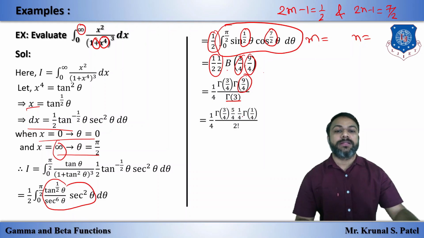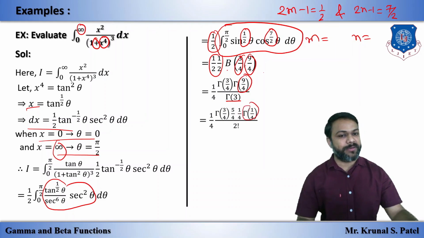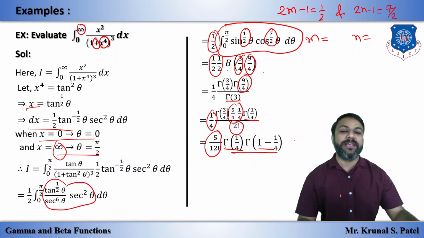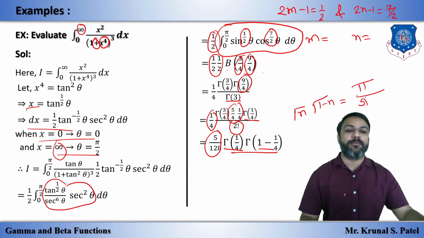By simplifying this, 3 by 4 stays as it is, but 9 minus 4 is 5 by 4, then 5 minus 4 is 1 by 4, and then 1 by 4 minus 4 is negative, so we have to write down gamma 1 by 4. By simplifying this 3, we have 5 by 128, so we have remaining gamma 1 by 4 and gamma 3 by 4. 3 by 4 can be written as 1 minus 1 by 4. So here we can use gamma n, gamma 1 minus n is equal to pi upon sine n pi.